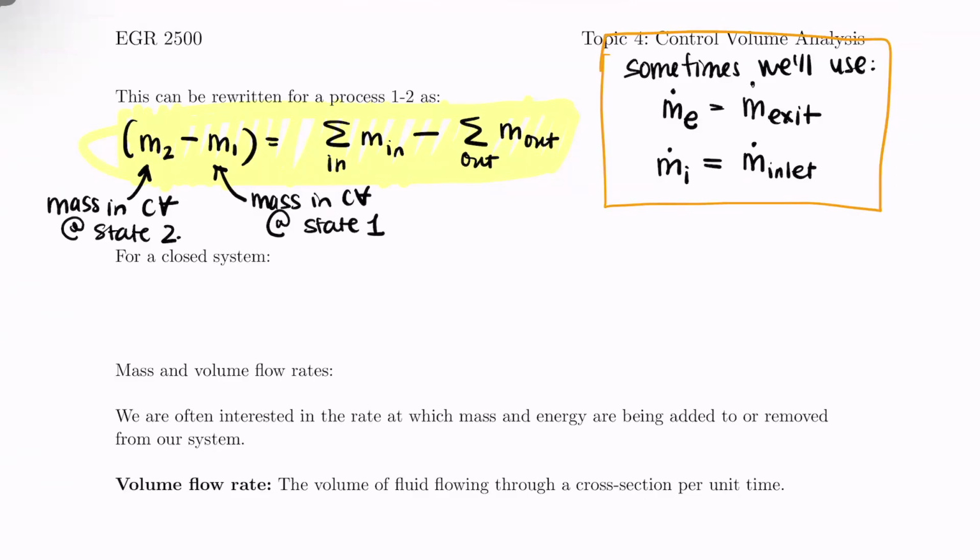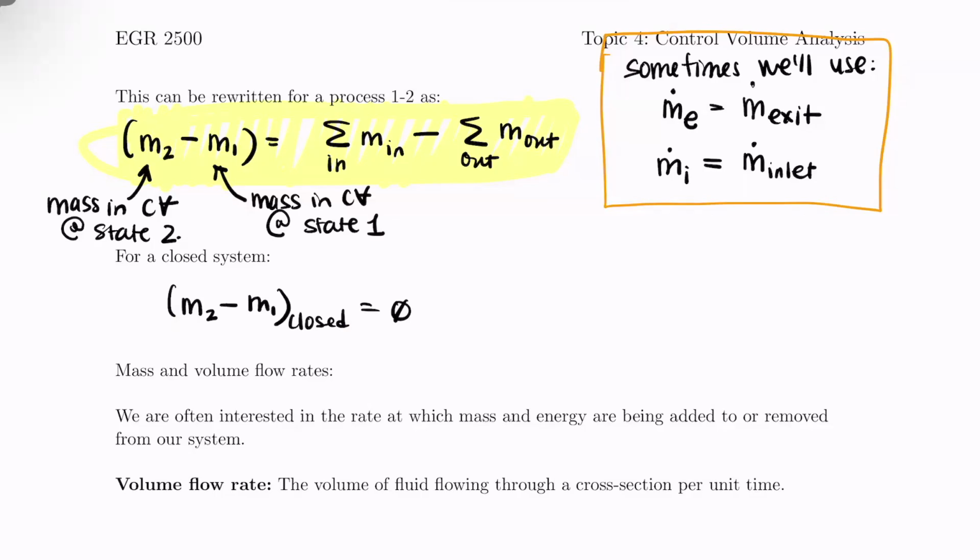Okay, so if we have a closed system, how would this equation in the orange box change? Can we say anything about the right-hand side or the left-hand side? Yeah. So for a closed system, we essentially have the M2 minus M1 is 0 because M2 and M1 are the same.